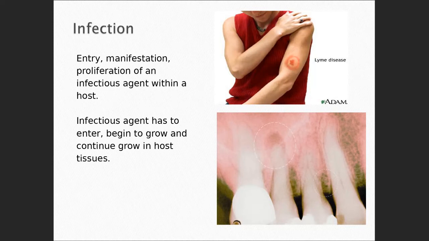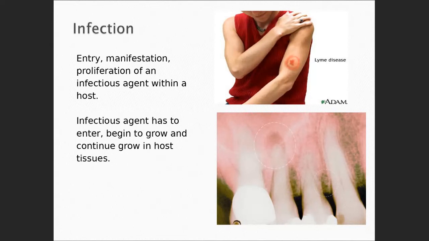Okay. Infection. The definition of infection is the entry, the manifestation, the growth, and the proliferation, the spreading of an infectious agent within a host. In order to do that, the organism must enter the host tissues, begin to grow, and continue to grow in the host tissues. That is the true definition of an infection.